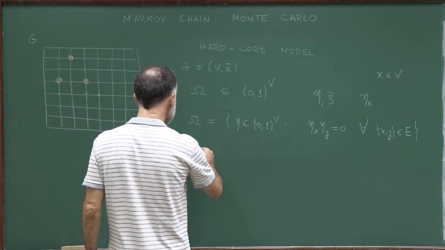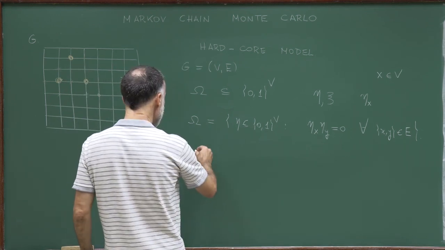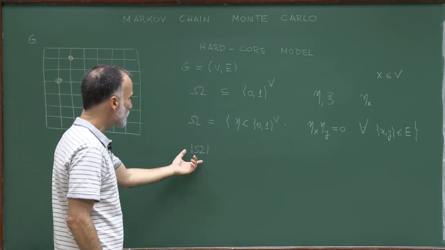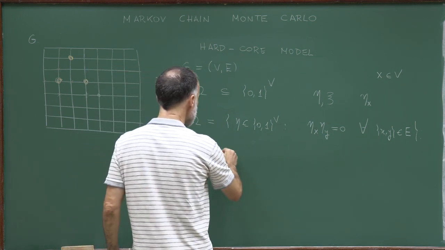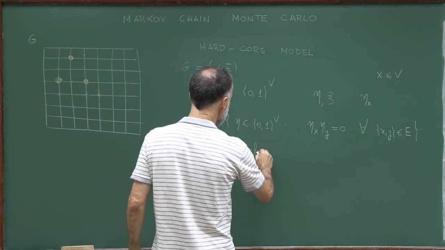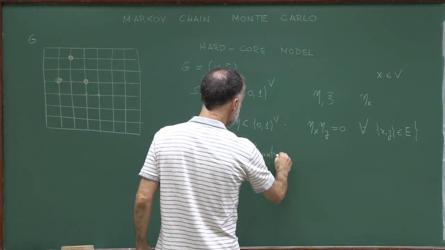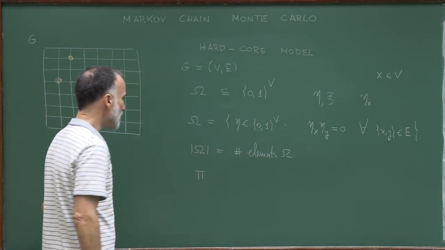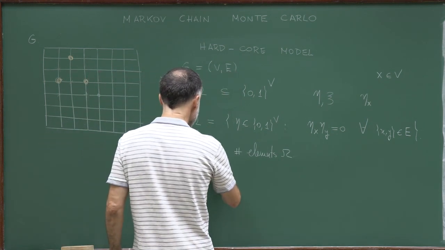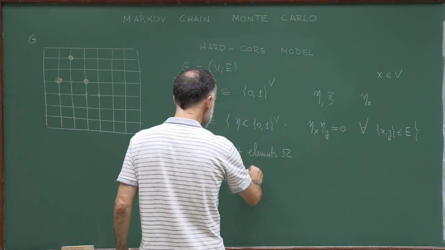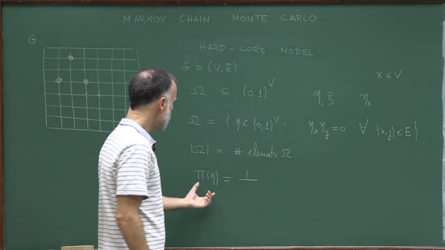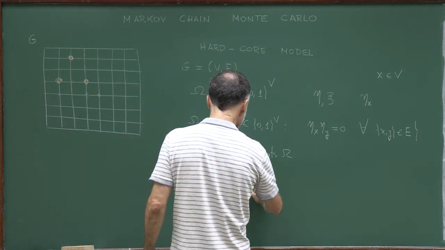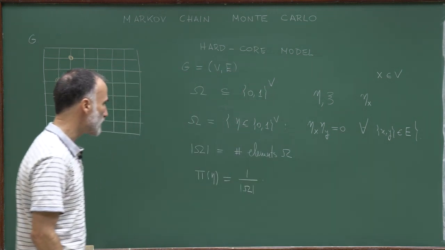Now let me introduce a measure on omega. Let me represent by the absolute value of omega the number of elements, so this is the number of elements of omega. And let me define a measure pi on omega, which to a configuration gives a measure equal to 1 over the total number of configurations.